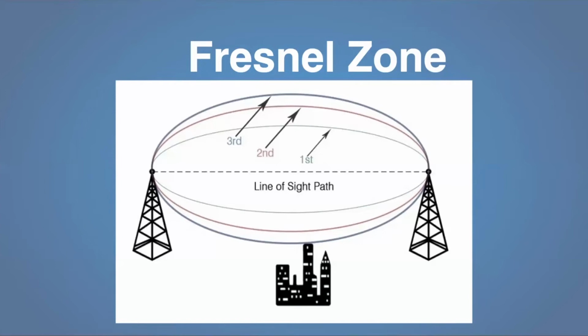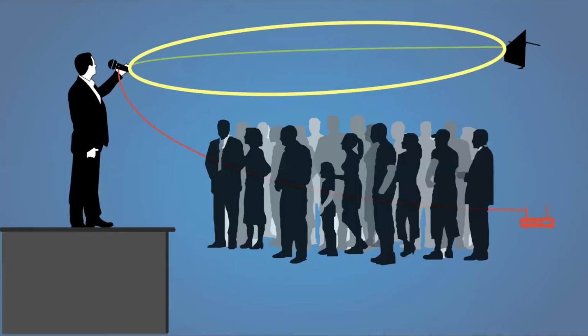So the reason I want to point this out, we talked about it before when we talked about line of sight. This is an approximation of the first Fresnel zone. And what we're saying is there's nothing sticking up in there.